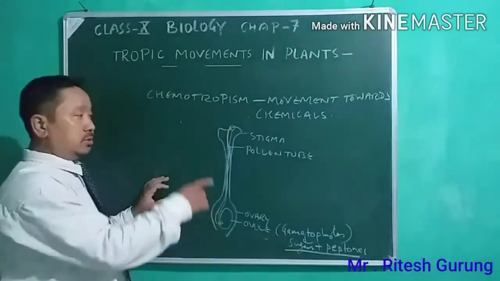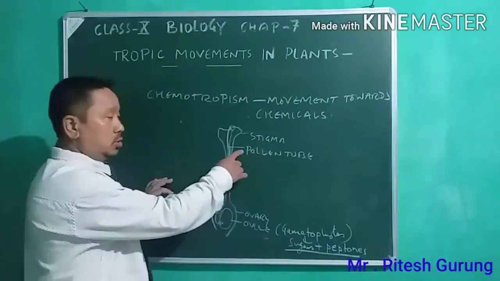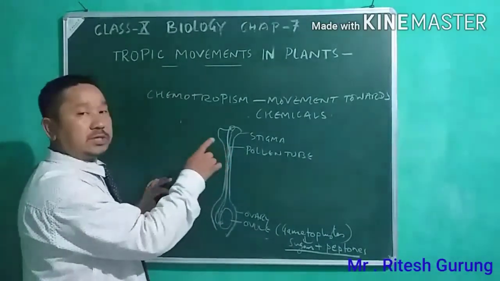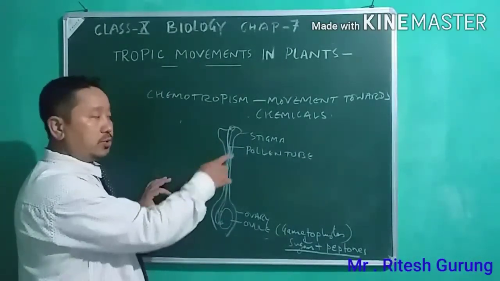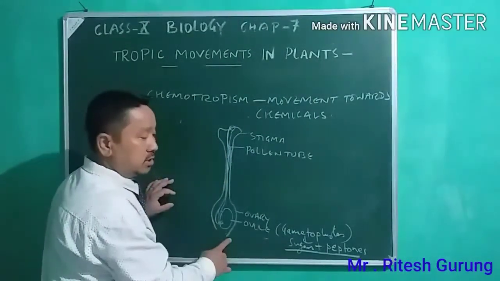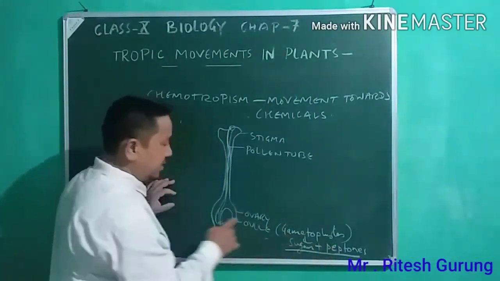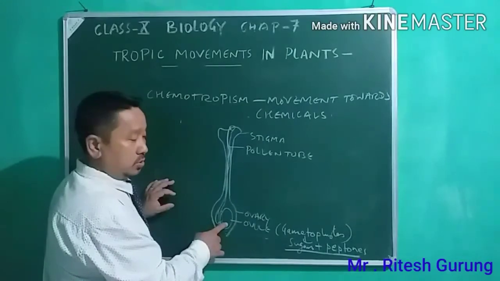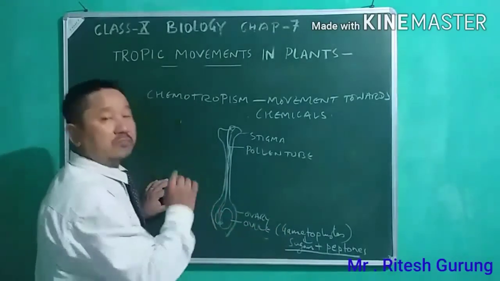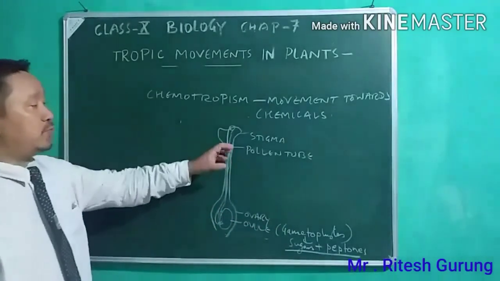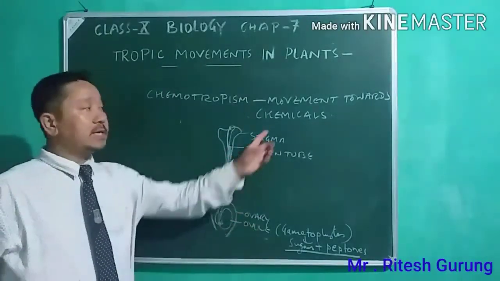So this pollen tube shows its response through its movement towards the source of these sugars and peptones in gametophytes. That means the movement towards the source of chemicals.